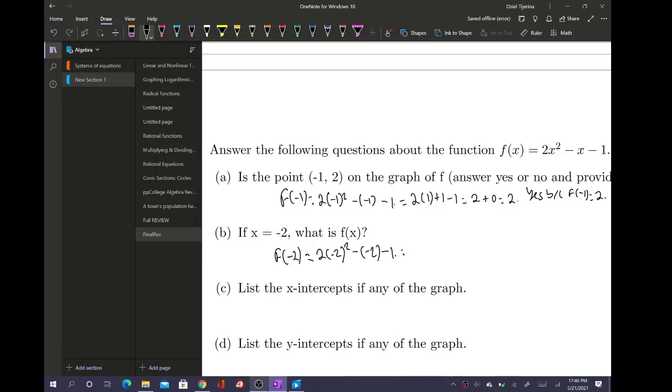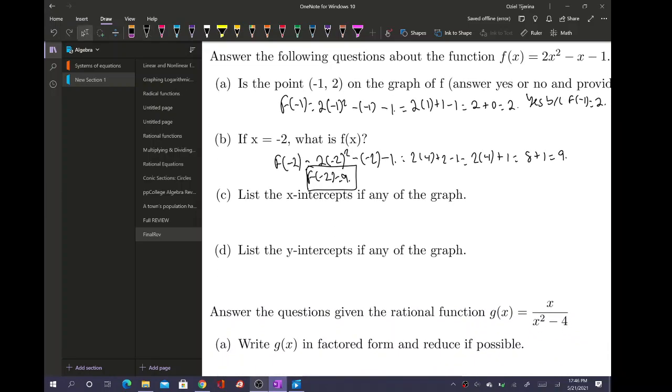This is equal to 2 times 4 plus 2 minus 1, which is 2 times 4 plus 1, which is 8 plus 1, which is 9. So f of negative 2 equals 9.